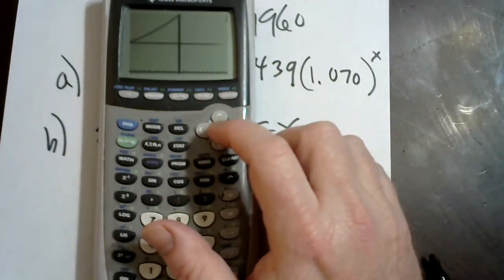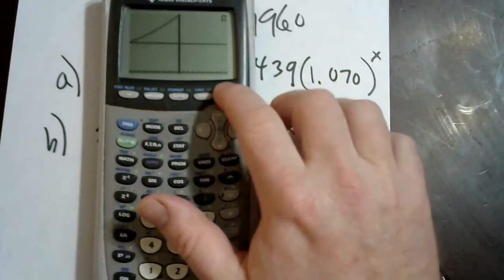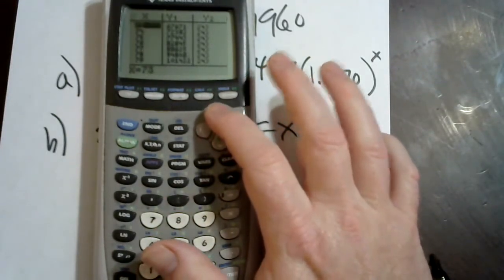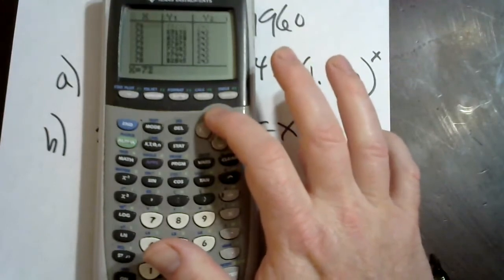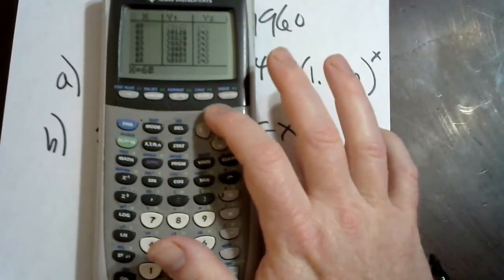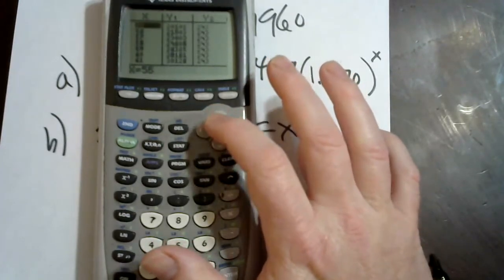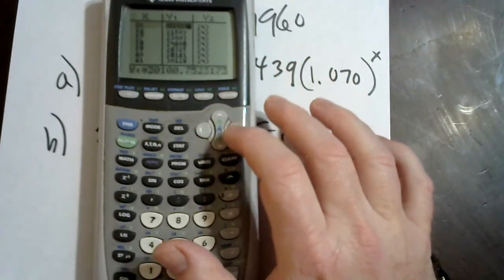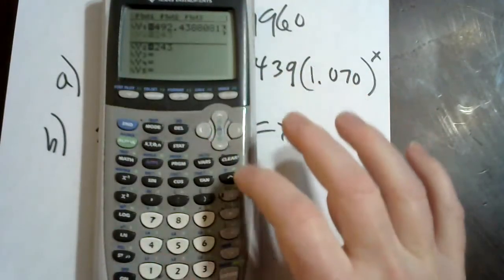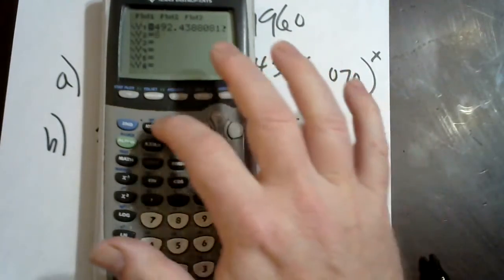I didn't mean to graph it so quickly, but let me go to the table. So I'm just going to scroll down to 55. And I do have some y2 function in there. Let me delete that. That's probably from another problem.